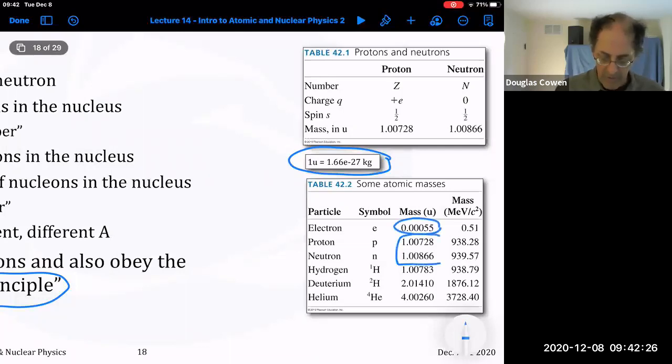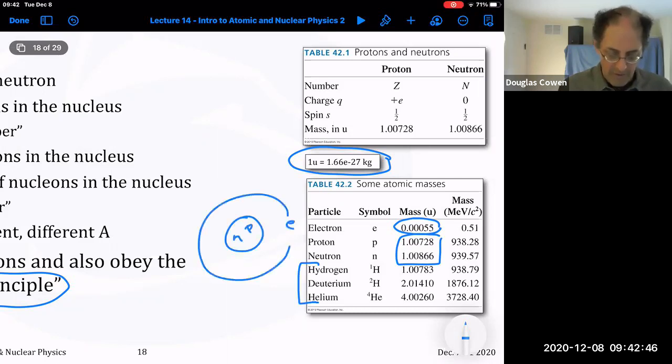The proton and the neutron are pretty close together in mass, but of course the neutron is heavier. We also see the masses for some elements, hydrogen and deuterium, which is hydrogen but with a proton and a neutron in the nucleus, and then an electron around it.